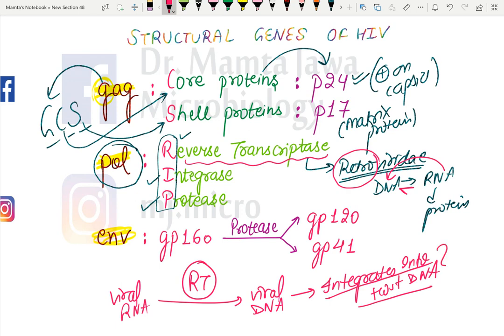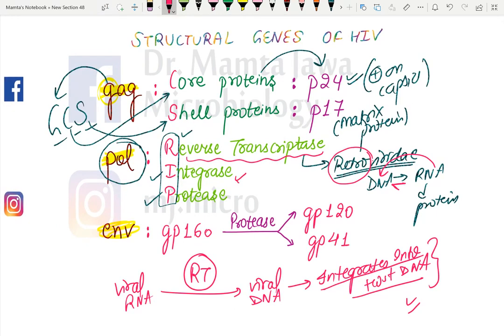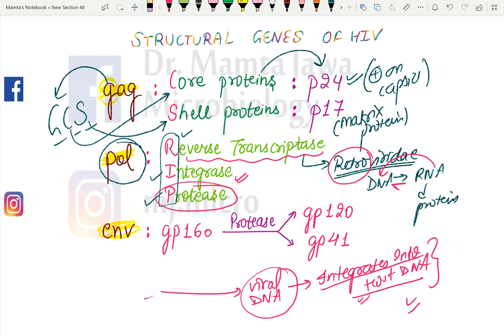And that is how latent infection is set up. So this is very, very important. Then the integrase enzyme is going to help in integration of the viral DNA into the host DNA. And then we have got the protease enzyme, which is going to cleave bigger proteins, that is polyproteins, into smaller final versions of the proteins of the virus.